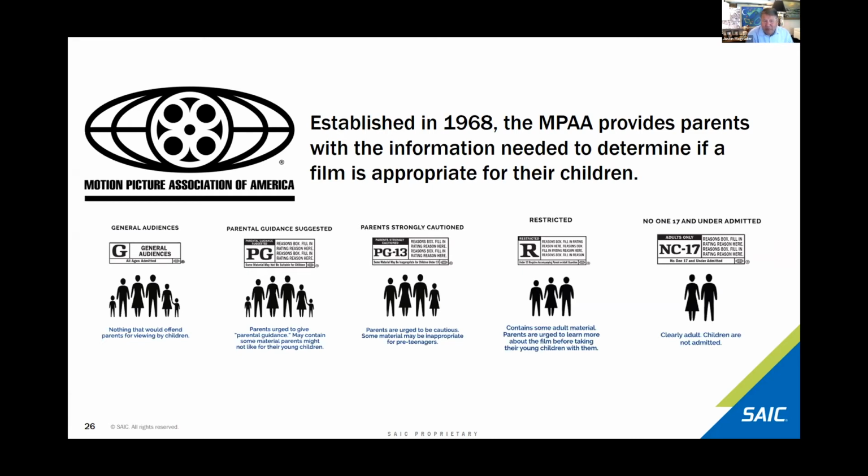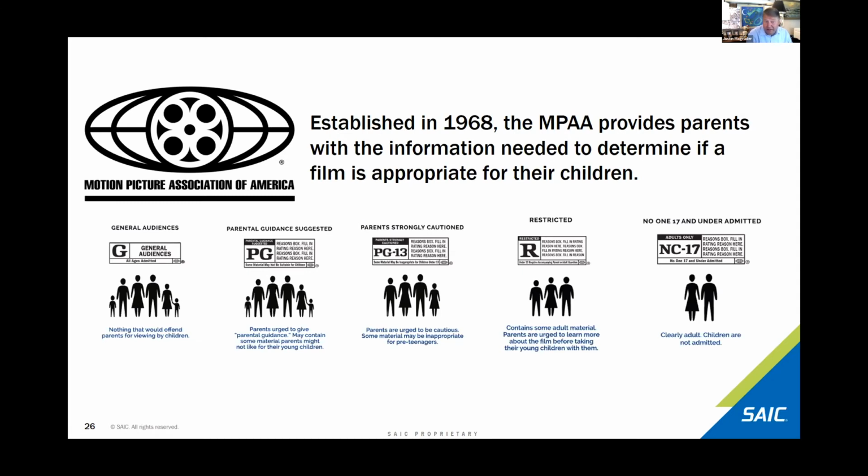G-rated movies are really for anyone, and they're usually relatively benign content and happy stories. PG movies, the industry suggests that parents observe what their children under the age of 13 are doing, and keep an eye on the movies that are PG rated.